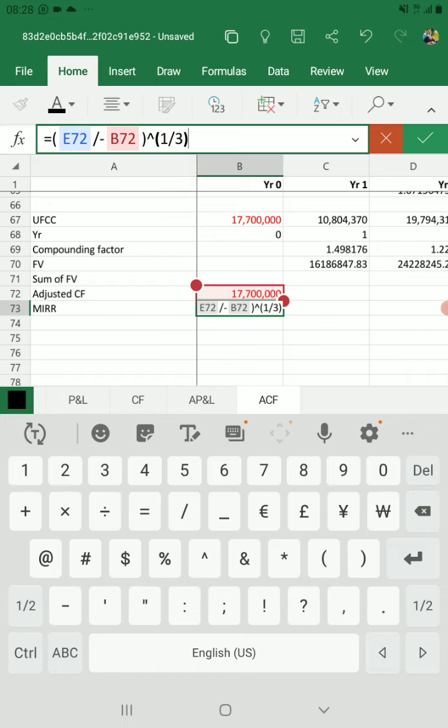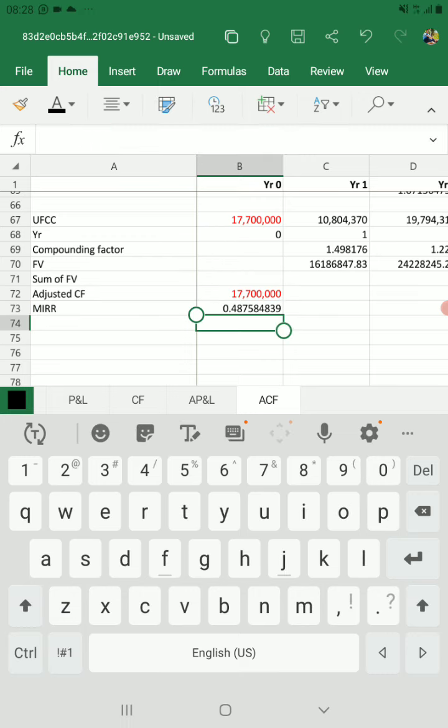So we are compounding it. So after that you minus 1, okay, to establish the annualized growth rate, compounded annualized growth rate. So minus 1.